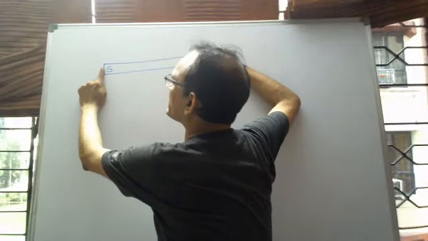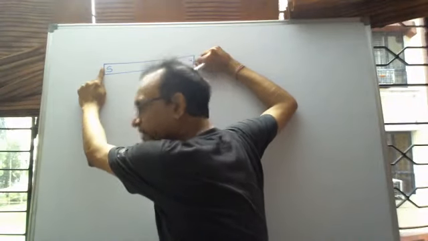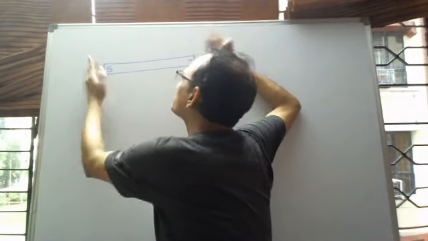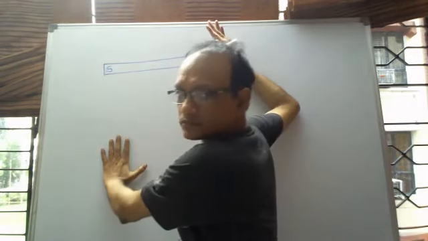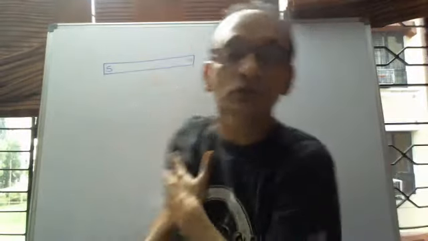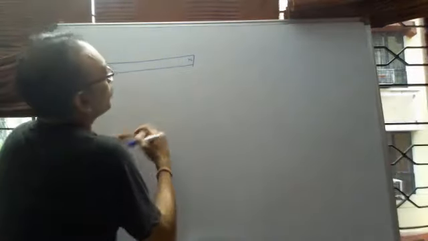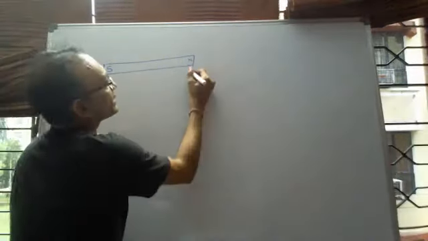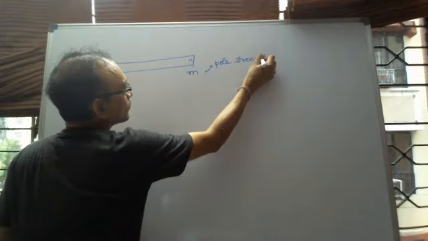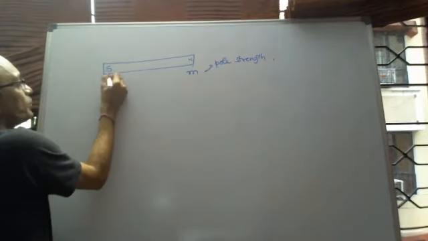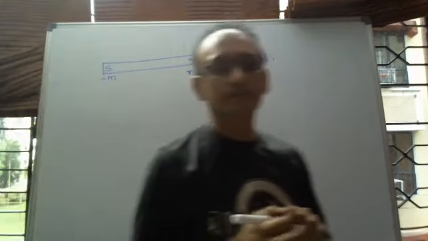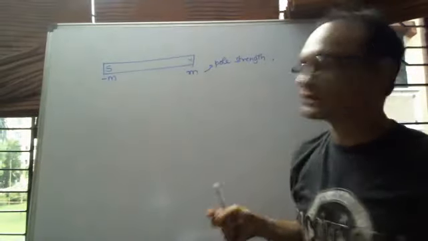And although approximately we take south at the extreme end and north at the extreme end, that does not happen. It's slightly away from the ends. Also, each pole has a strength. If this north pole has a strength plus n, pole strength, and this south will then have a pole strength minus n in a given magnet.